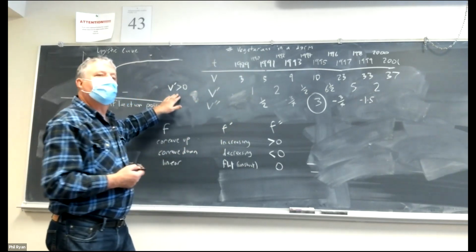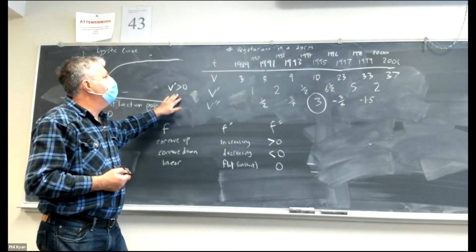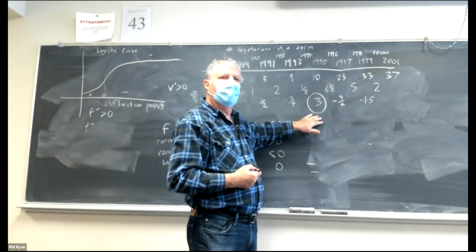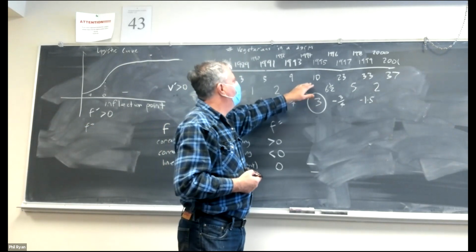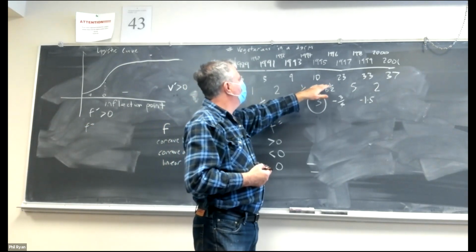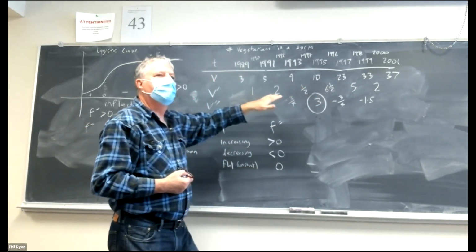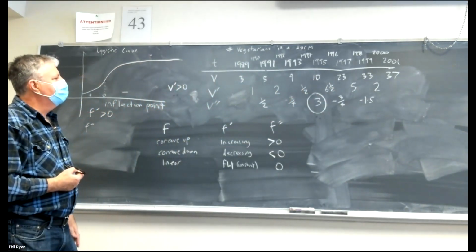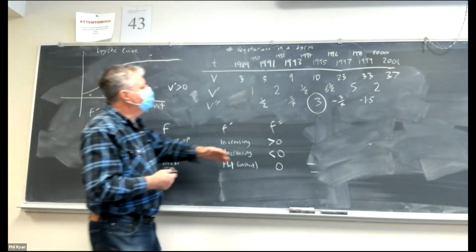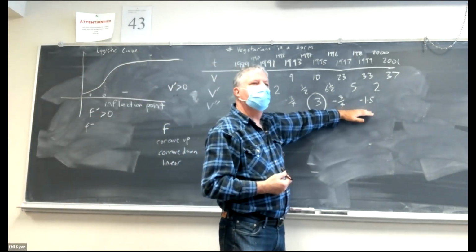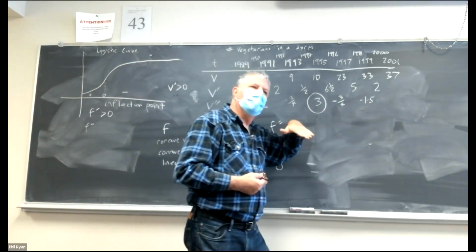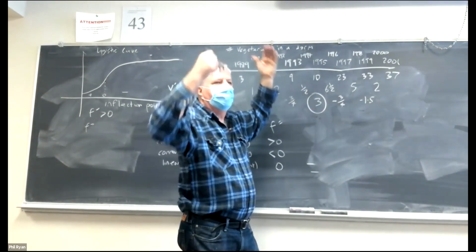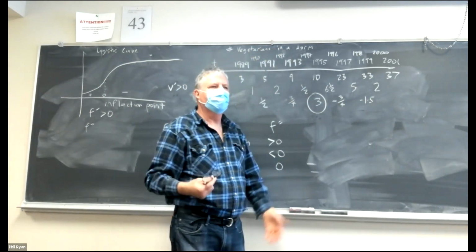V prime is always positive, but around 1995 there was a big acceleration. It's a rise which is unusual and doesn't fit the trend. Most of the time it seems concave down, which means the trend is slowing down, except in 1995 when the trend went up.